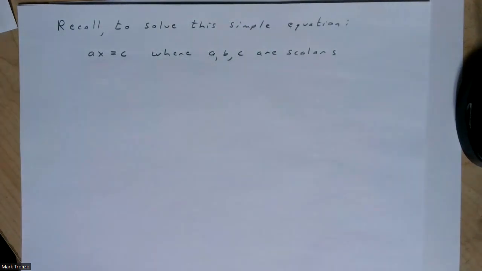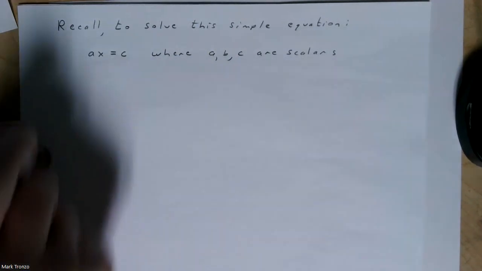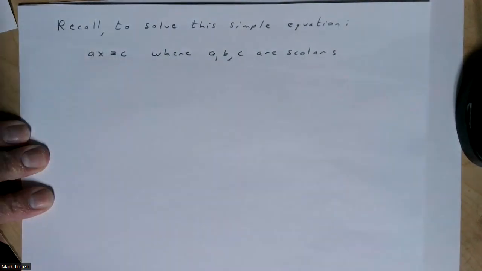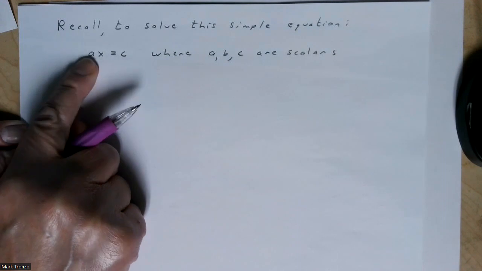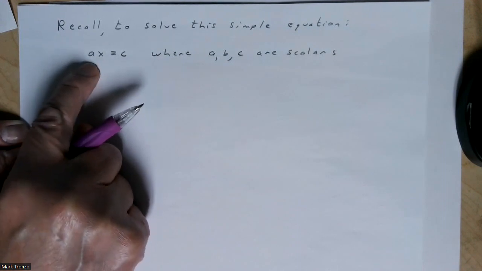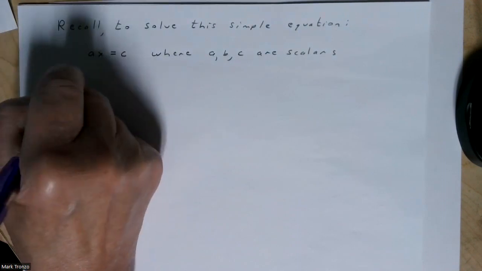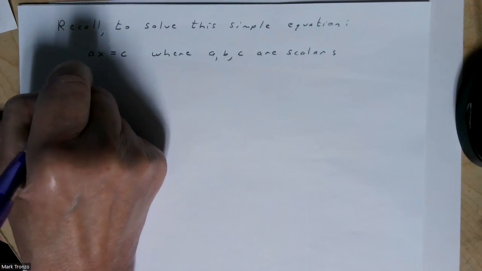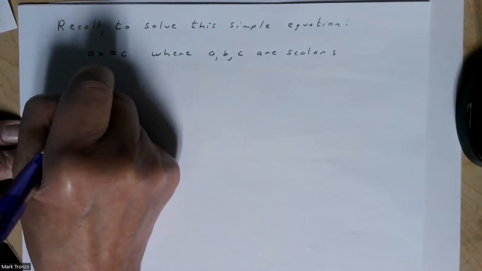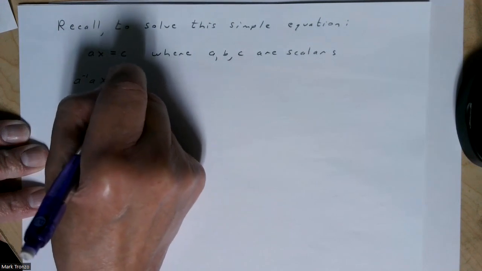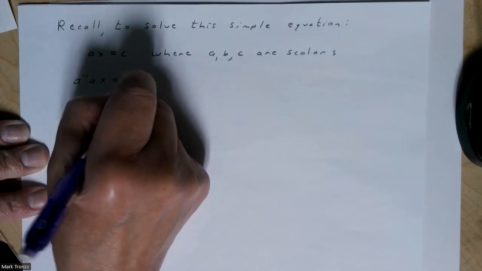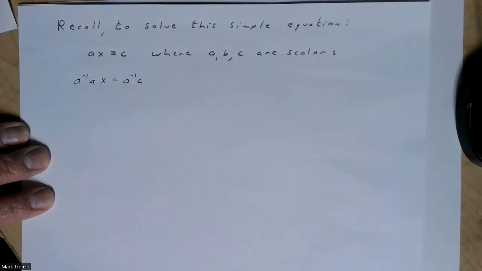And so let's think how we would solve this. Now, a lot of times we skip steps when we solve this, but let's look at going through all the steps if we were to be real rigorous. So we would start by multiplying both sides by the inverse. So we would multiply the left by A to the negative 1, and the right-hand side by A to the negative 1.